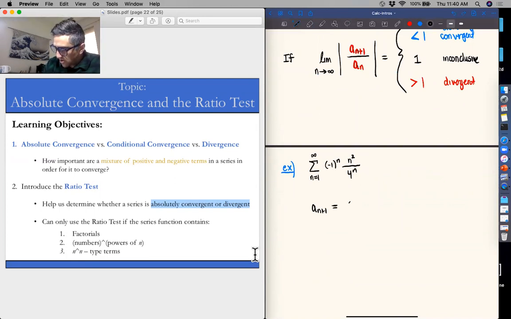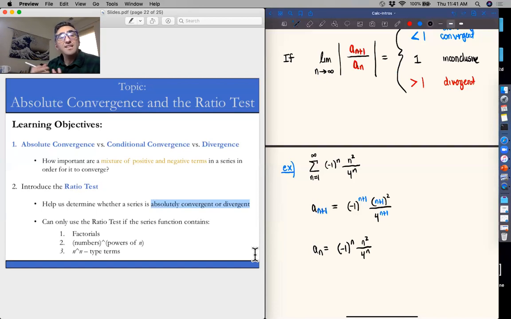So our n plus first term would be negative 1 to the n plus first, and then we have n plus 1 quantity squared all over 4 raised to the n plus first. And that's in comparison to the general nth term, which for us is exactly what's inside of that series, negative 1 to the n times n squared all over 4 to the n.